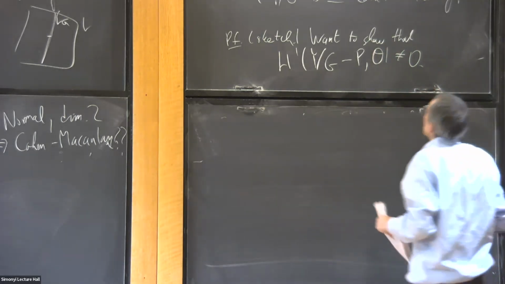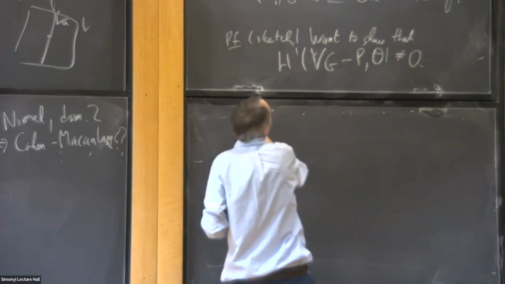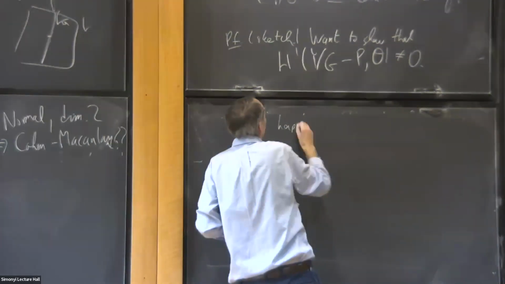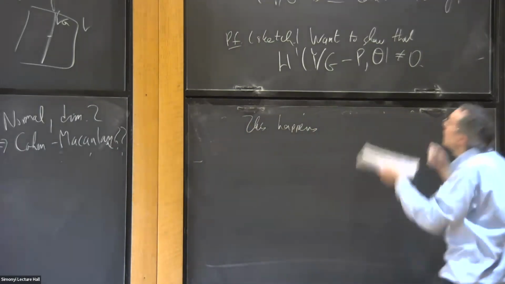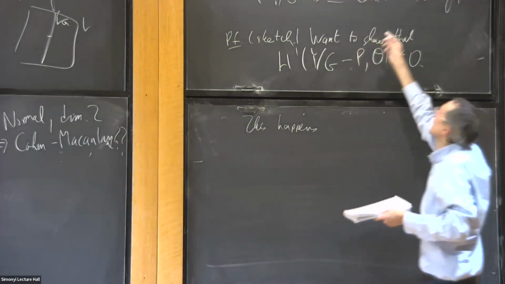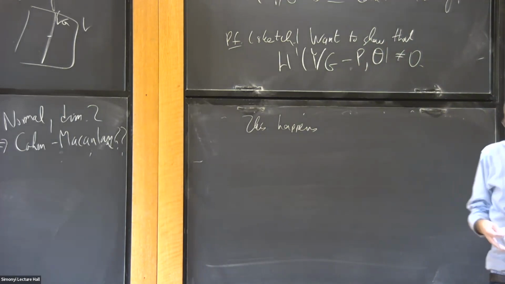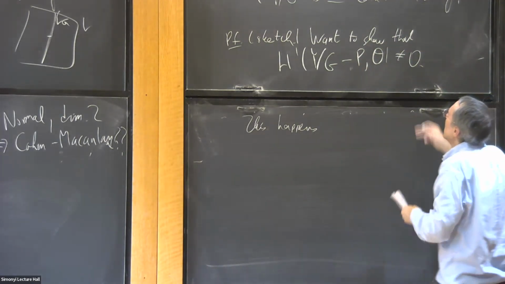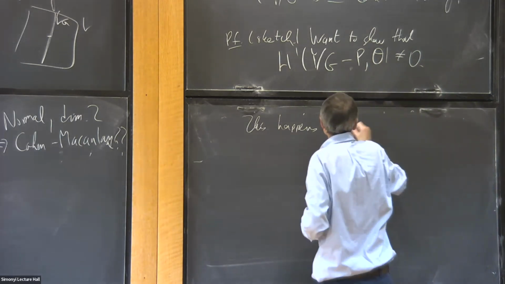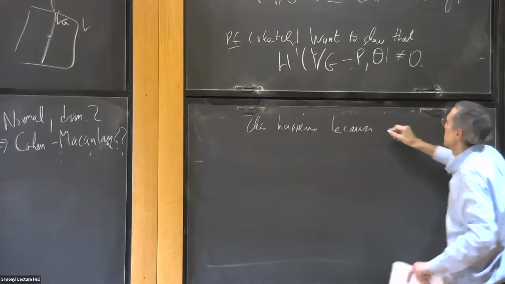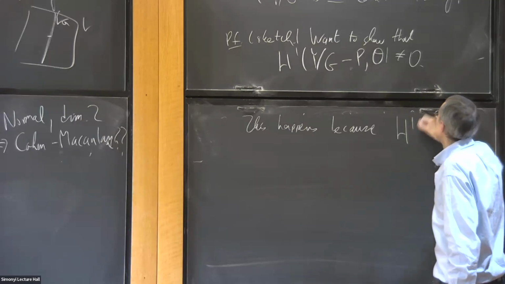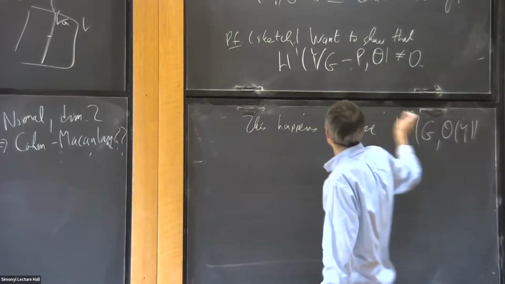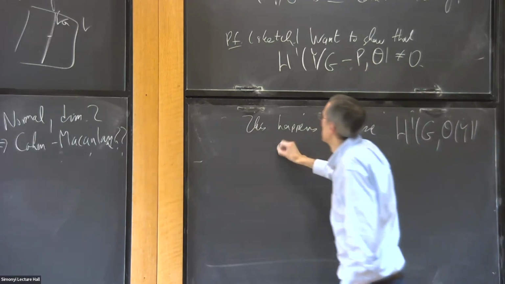But why is this? Essentially the reason is that the group cohomology is not zero, because the cohomology of G contributes to this. Of course, the cohomology of Z mod p with coefficients in a field of characteristic 0 would be 0, but in characteristic p, the cohomology of G contributes. Specifically, the cohomology of G acting on the functions on Y, there's some spectral sequence that relates this kind of group to that kind of group.